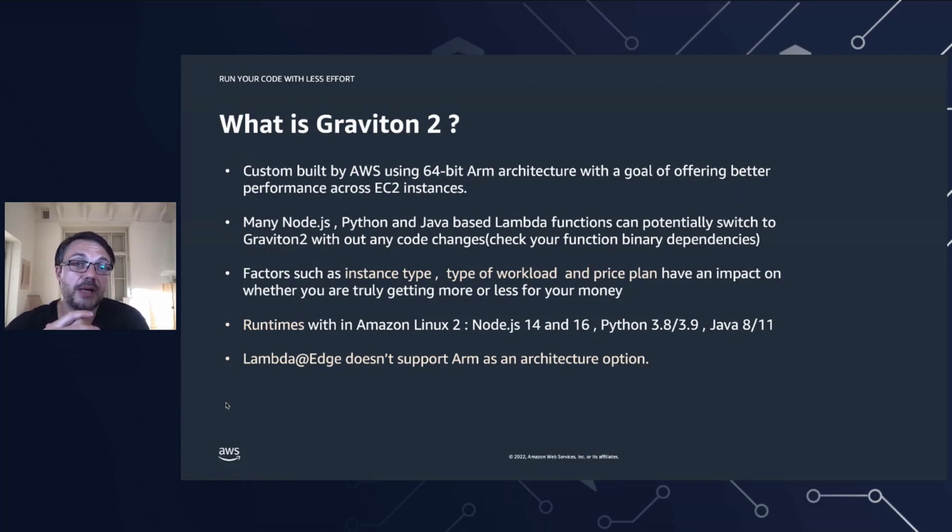And right now, if you want to try ARM architecture, Lambda is the easiest way of doing that. Especially if you're using runtimes and languages like Node.js with JavaScript and TypeScript, Python, or Java, it is a matter of switching the type of architecture. And you can test the same code and the same logic both on x86 and ARM architectures.